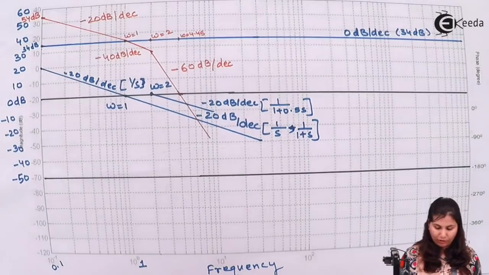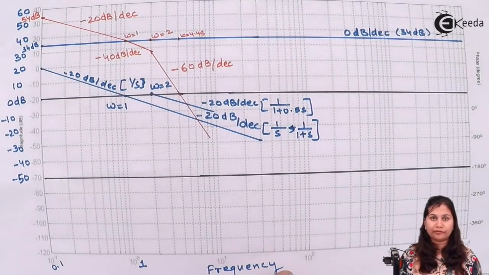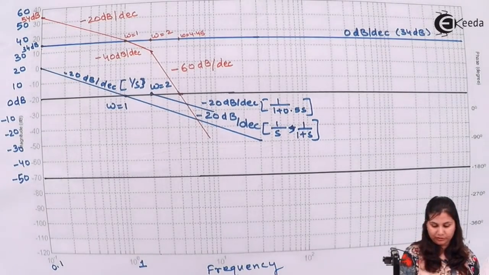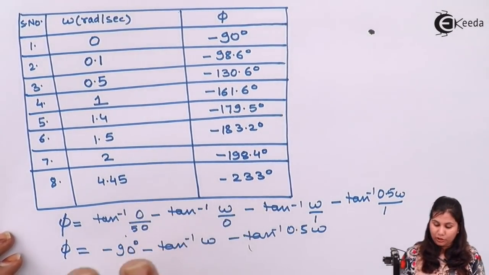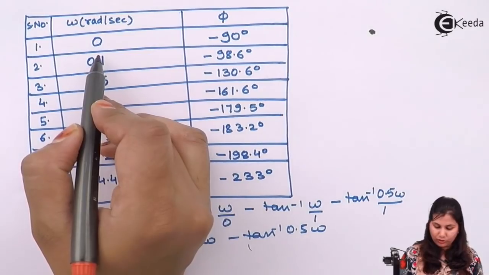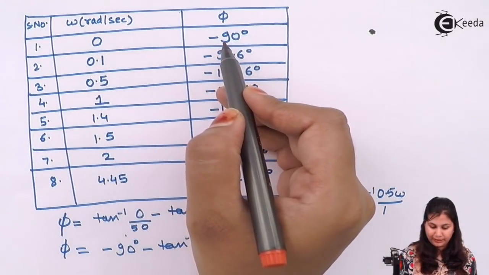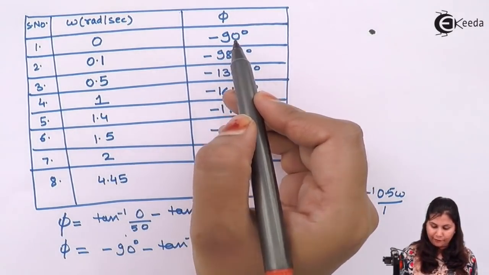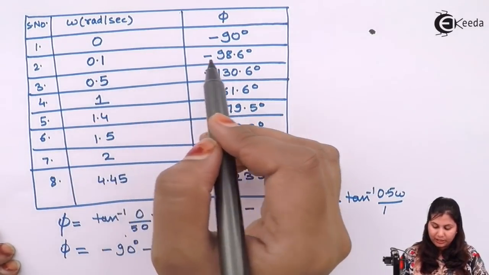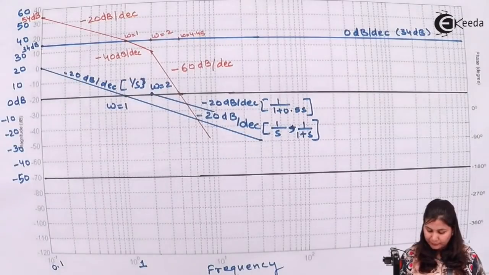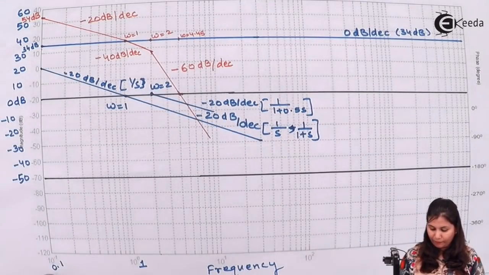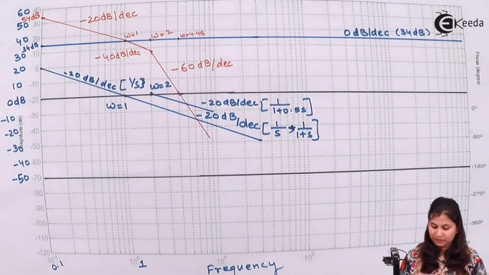Now for the phase plot, we will use the phase table which we have made here. So for omega equals to 0, the phase angle is minus 90 degrees. For omega equals to 0.1, the phase angle is minus 98.6 degrees. So this Bode plot is starting from 0.1. So we will have to take this frequency in the table.